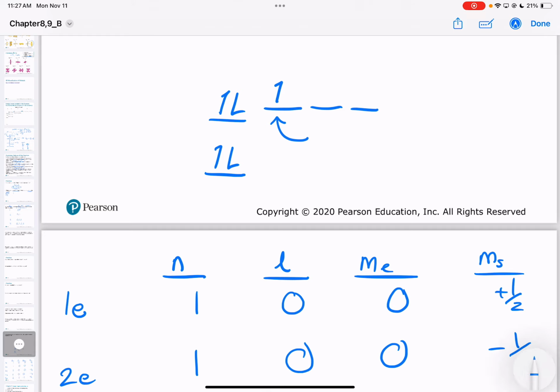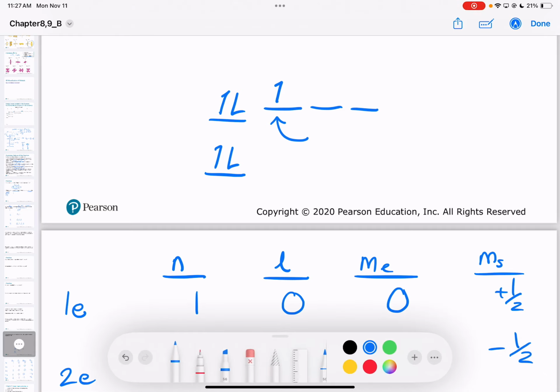So this is going to come up in chapter 9. But let's see, boron, carbon, nitrogen. Let's do oxygen. So oxygen has 8 electrons. And if you can see how I'm filling these in, this should help you understand how we know when to call it plus 1/2 and when to call it minus 1/2.